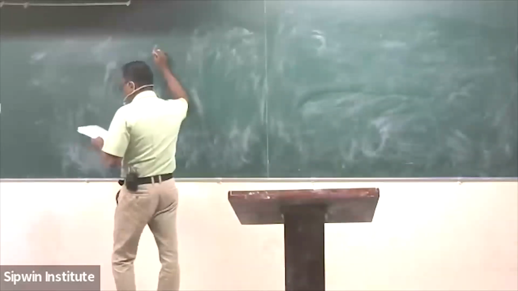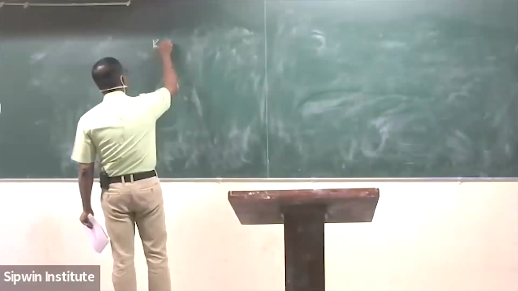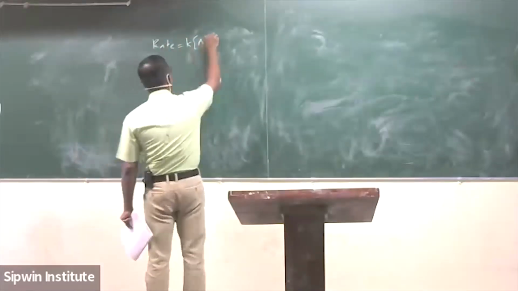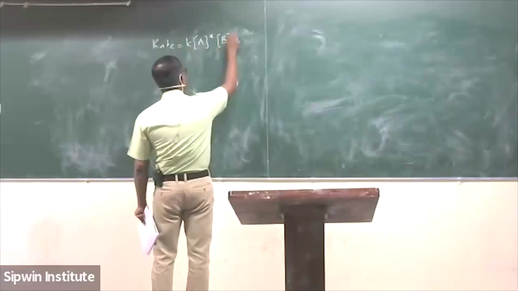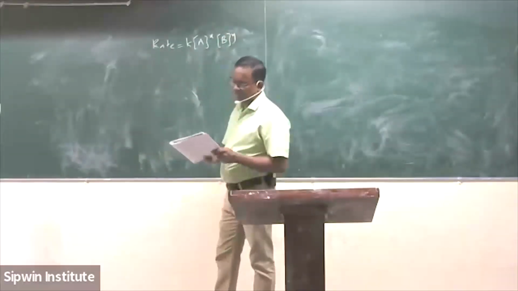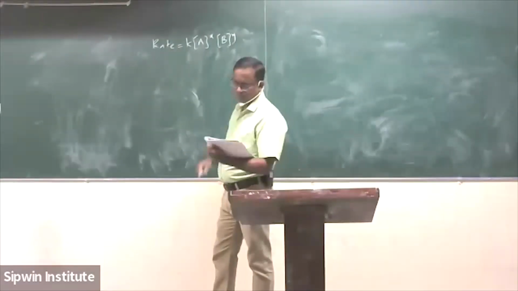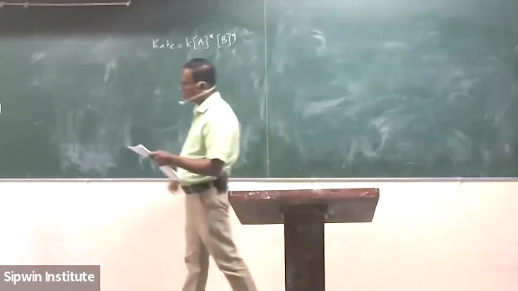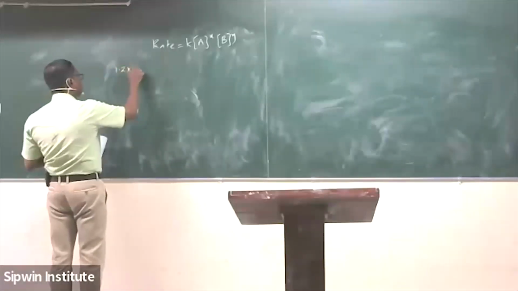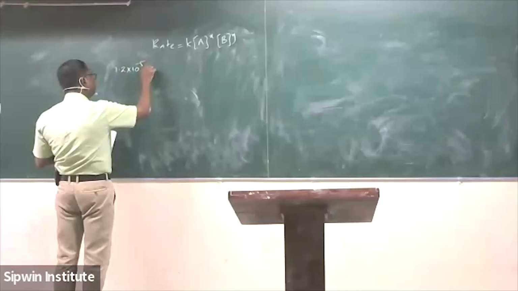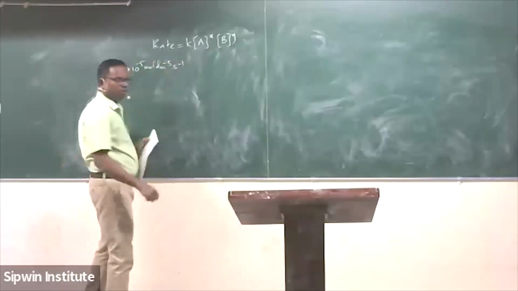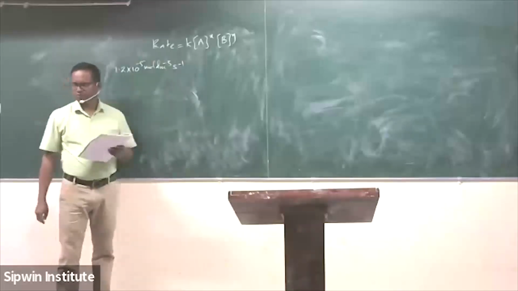Now you have the rate equation: rate equals k, A concentration to the power x, B concentration to the power y. For the whole rate equation you have to substitute. For example, in the first one, 1.2 into 10 to the power minus 5 moles per cubic decimeter per second. A complete substitution is needed.